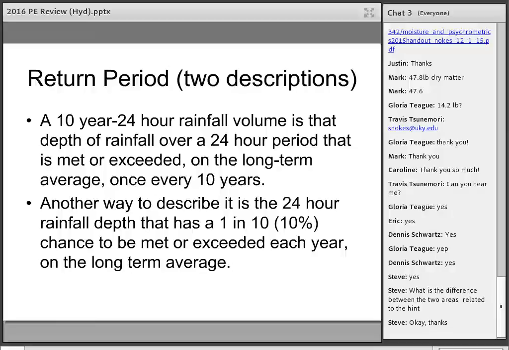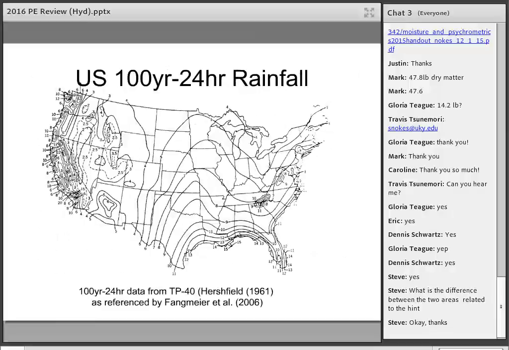Now let's look at how that gets used. First of all, understand that it's been tabulated, and it was done quite a while ago. The reference that I usually talk about on this is TP40, Technical Paper 40, back in 1961.